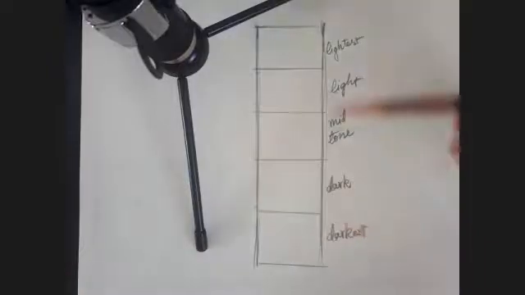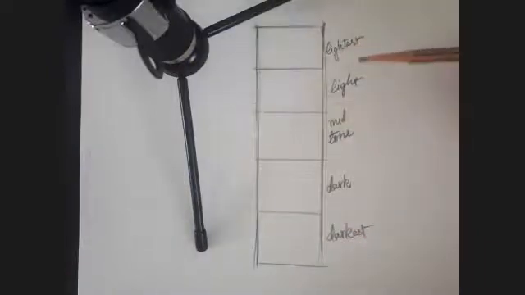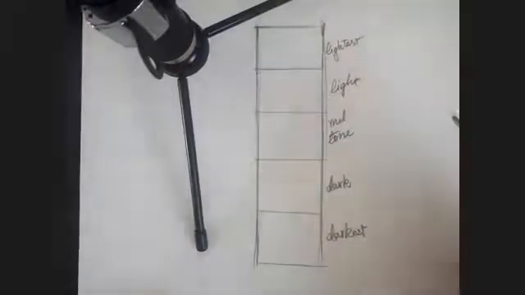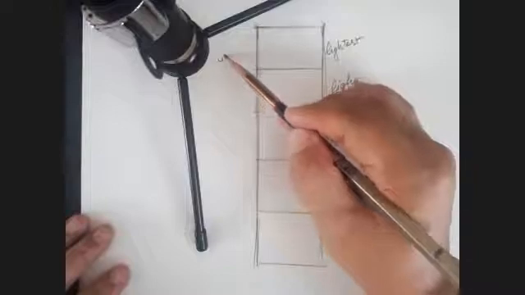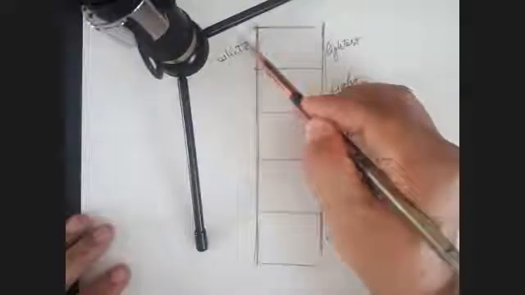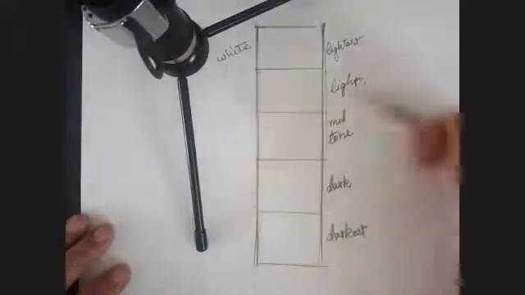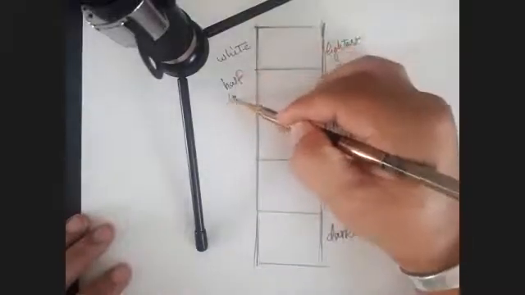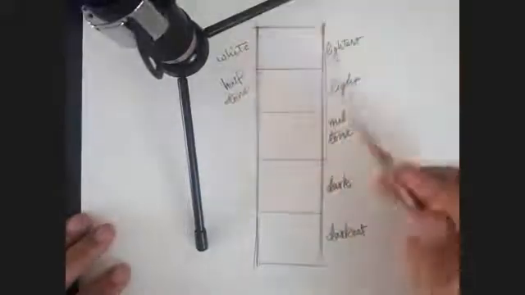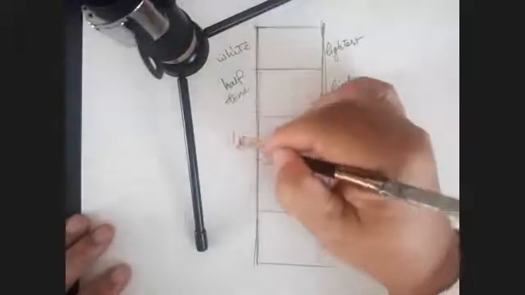Those 5 values are also known as, like this one, lightest, it is also known as white. The second one, half tone. The third one, tone.